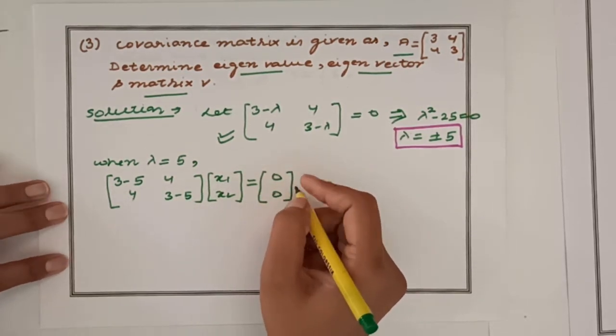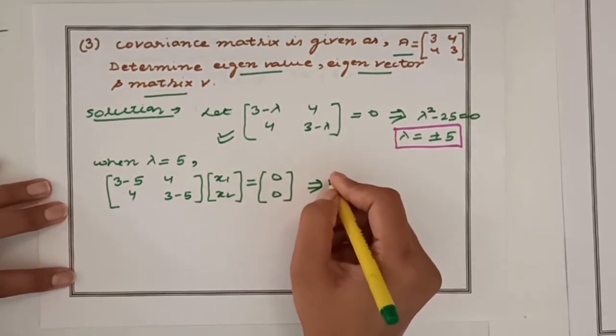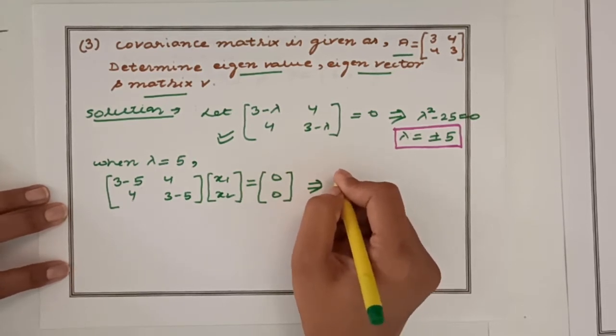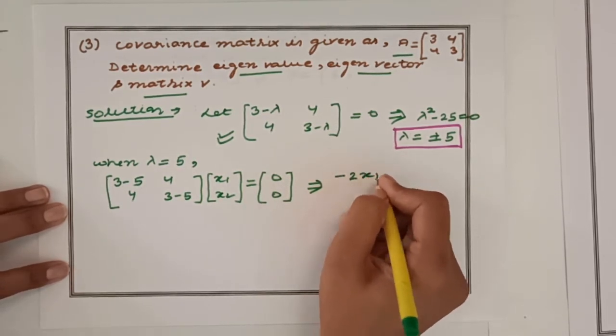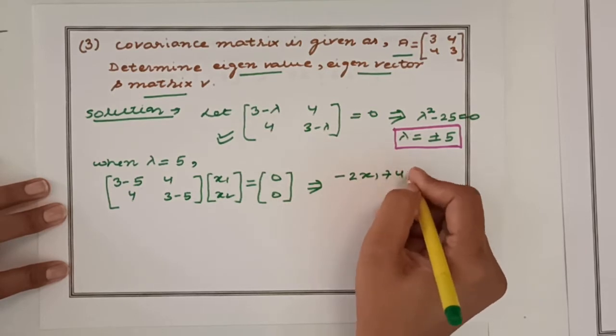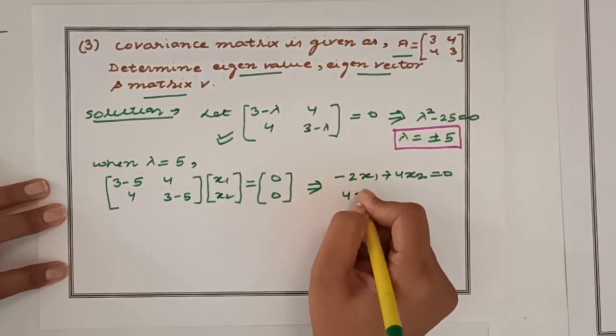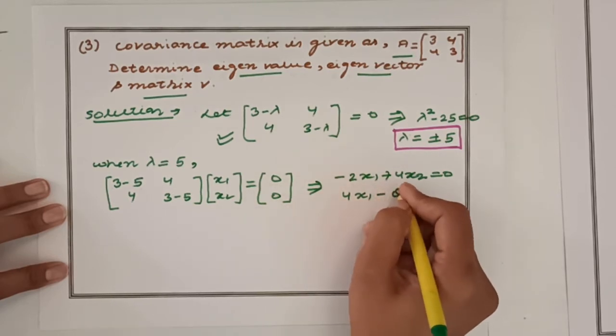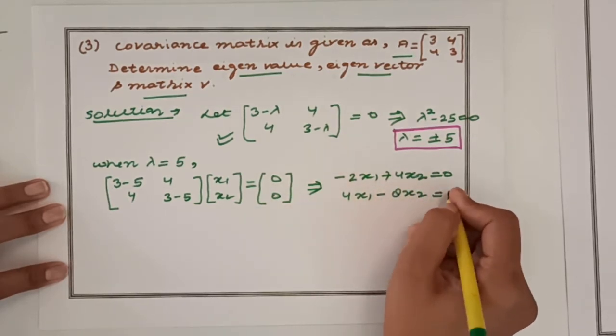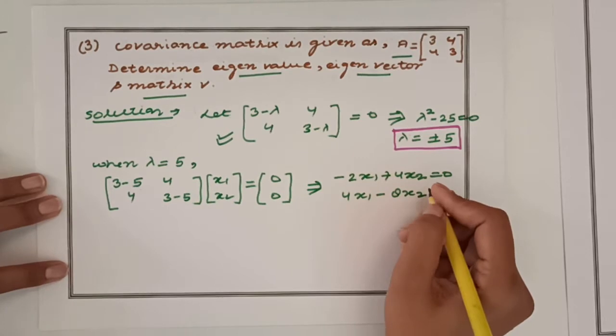So from here you can simplify it. The equations obtained will be minus 2x1 plus 4x2 is equal to 0, 4x1 minus 8x2 is equal to 0.